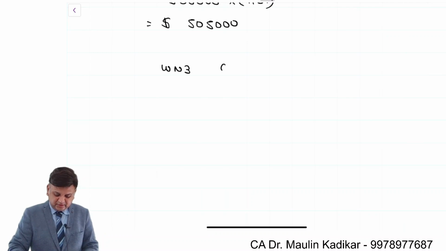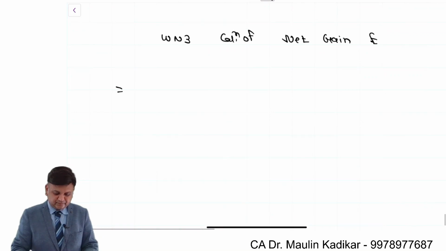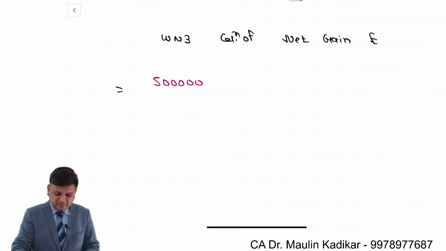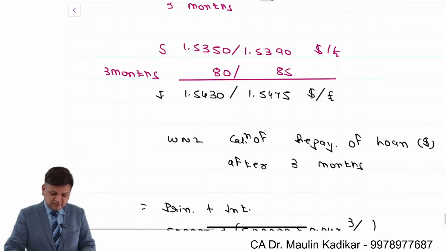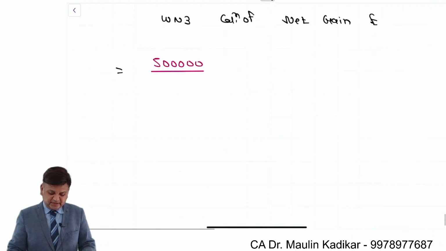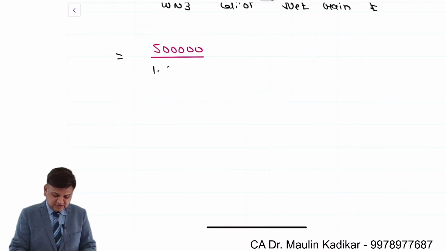Working note number 3, calculation of net gain in pound currency. Friends, over here we understand 5 lakhs dollar is converted into pound first of all. So logically, for a higher amount of dollar you will get a pound. So the spot exchange rate 1.5390 will be used.